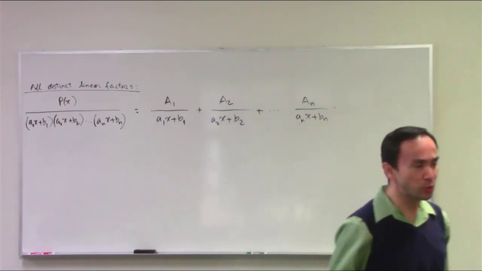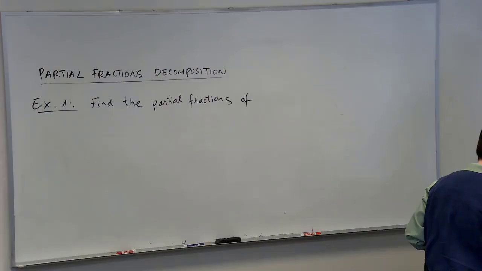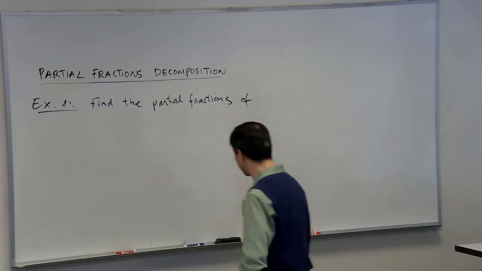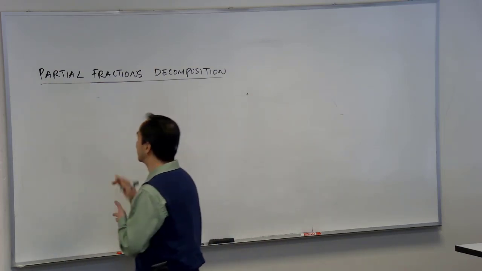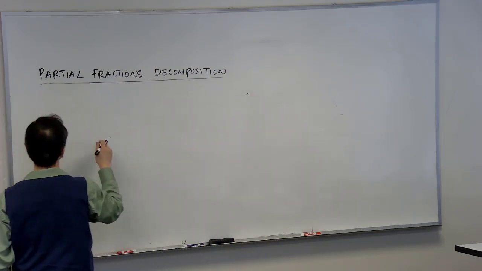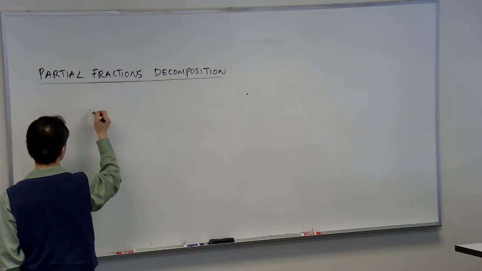Alright, now let's swing back into this board and get on with the other case. What if we're not looking at distinct linear factors? So I'm going to promote a problem like this, and now you're going to pick things up a lot faster. How about the 3 again?